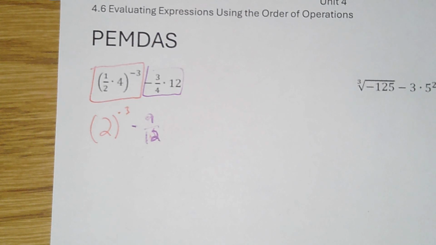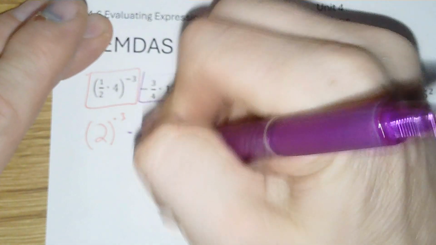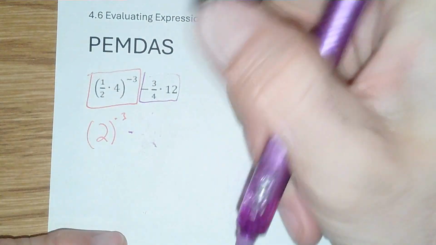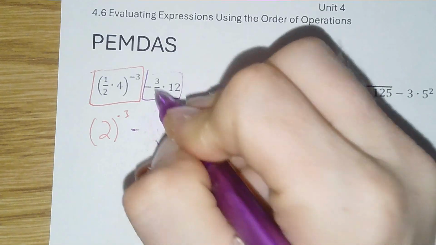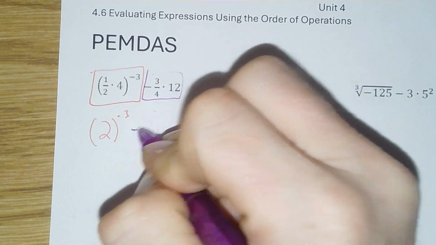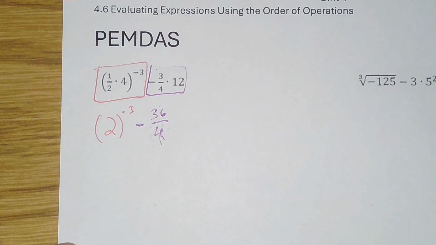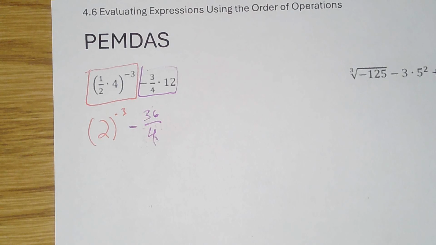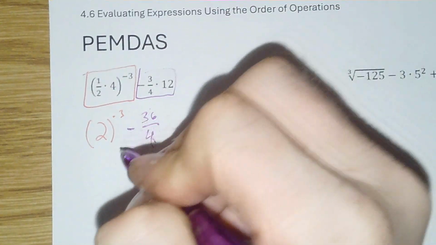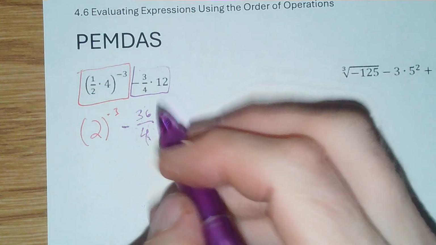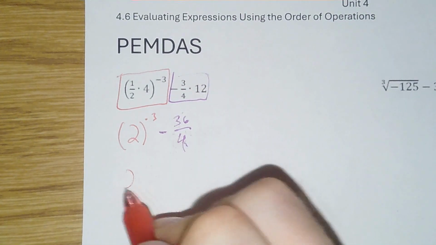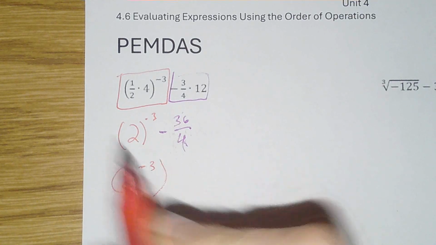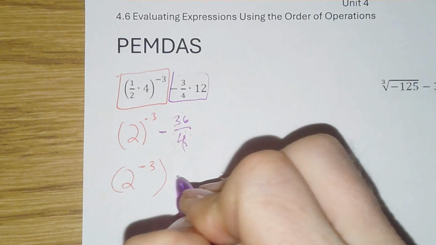Another way to look at that is 3 times 12 is 36, divided by 4. What's 36 divided by 4? That's going to be 9. So we have 2 to the -3rd times -9.